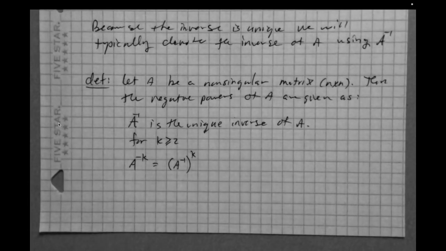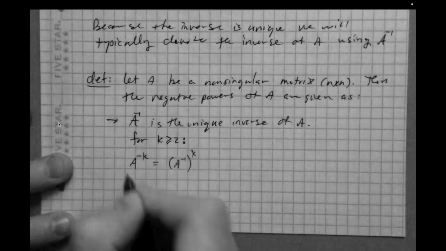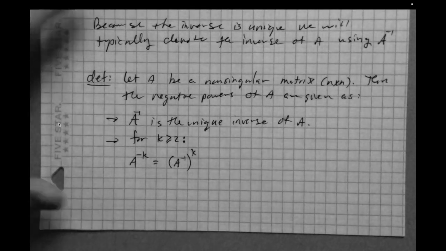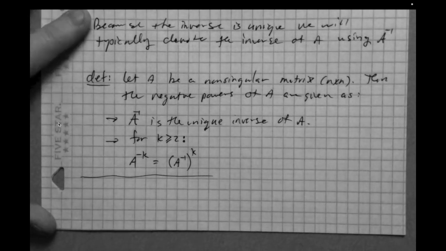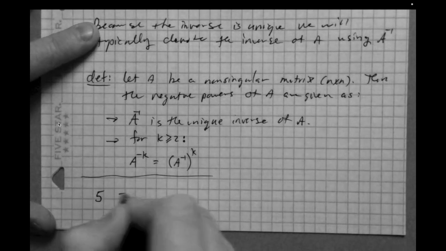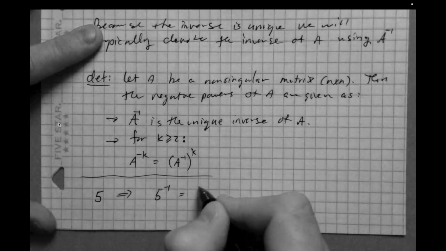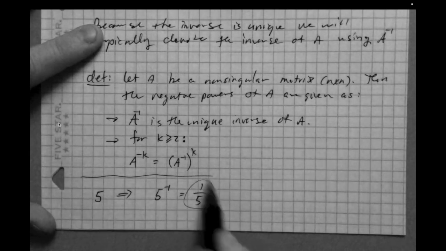This is a very natural definition. Let's think about how nicely this jibes with the things we're used to with rational numbers. If I have 5, then 5 to the negative 1 power is 1/5, and this is the inverse of 5.